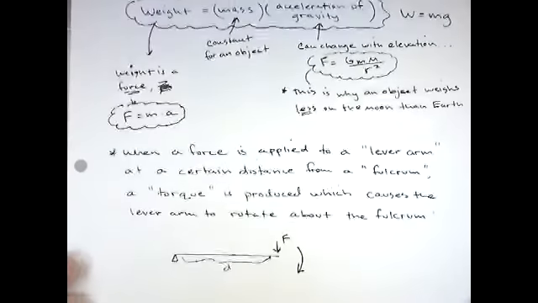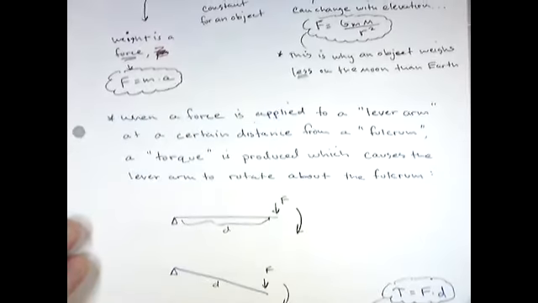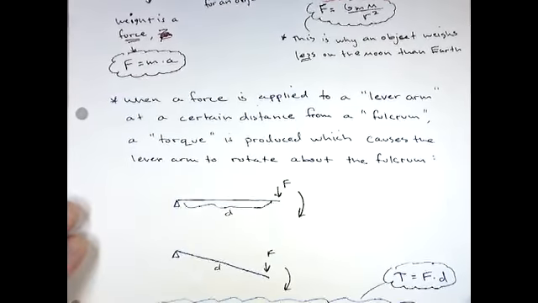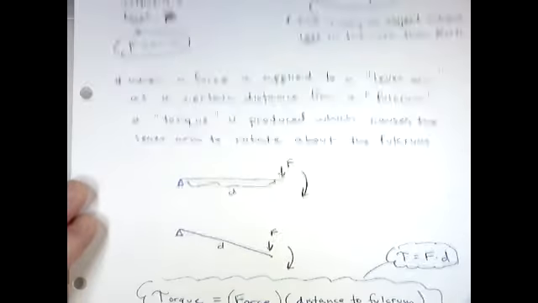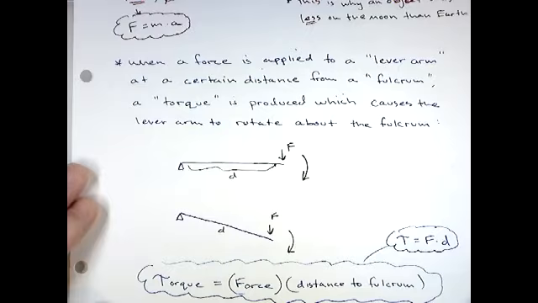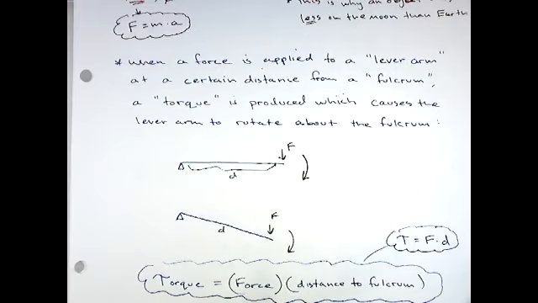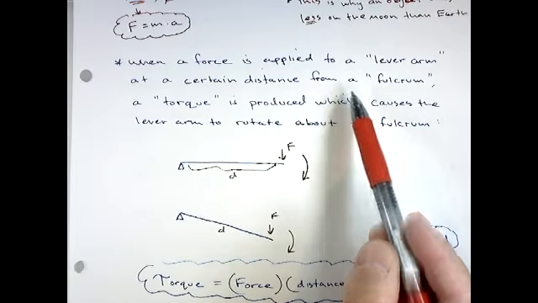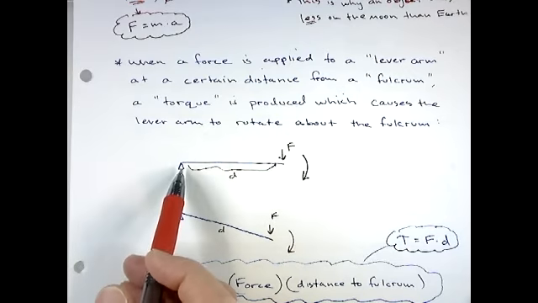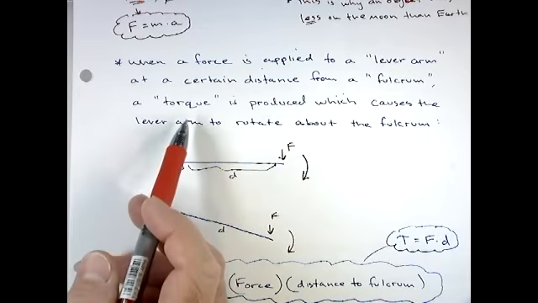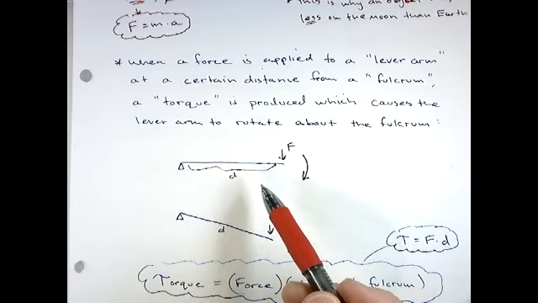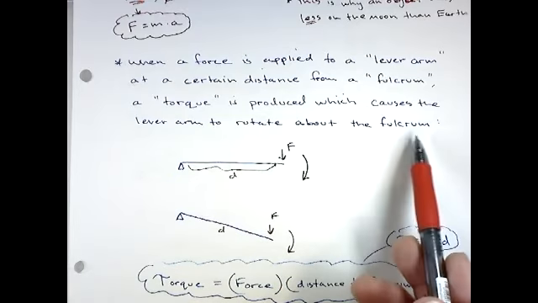So now let's talk about the idea of torque. When you apply a force to what we call a lever arm at a certain distance from a point which we call the fulcrum, a torque is produced, which causes the lever arm to rotate about the fulcrum.